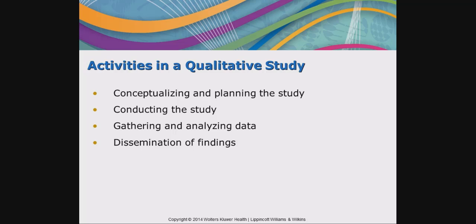So part of that also includes gathering and analyzing data. And when you're gathering the data, you're putting it into themes and into categories. And once you obtain saturation, that's the word, saturation, that's when the themes or the categories are starting to become repetitive.